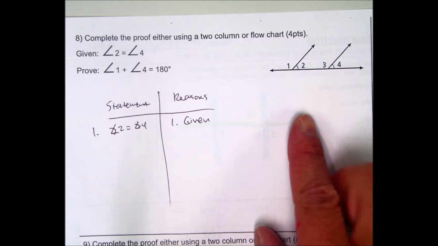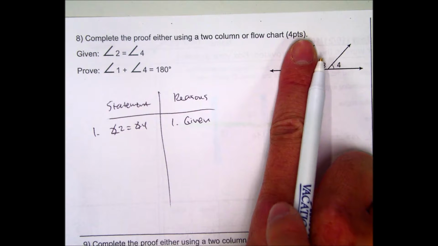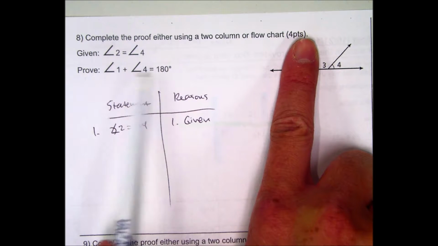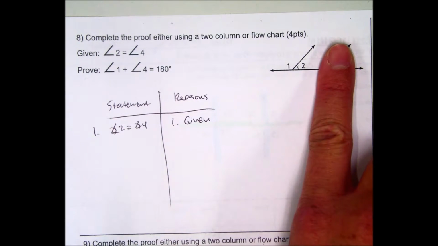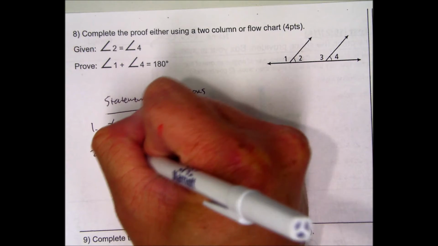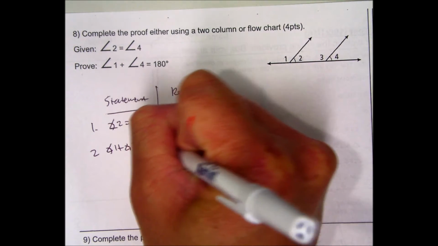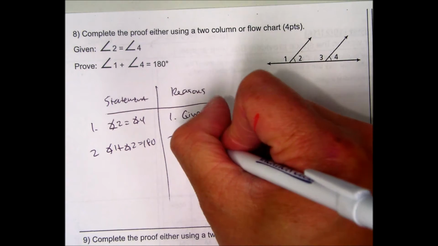Okay, well if you do this, notice here I can't add, I can say 3 plus 4 equals 180, but I don't have any angle 3's in here. Do you see that? I'm going to use angle 1 plus angle 2 equals 180. And this is a linear pair.